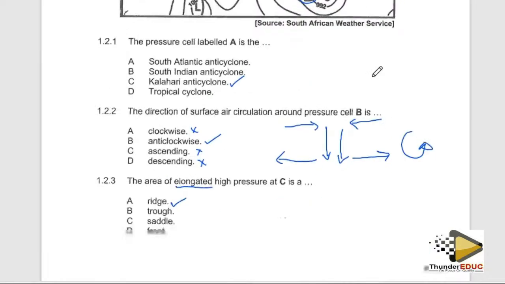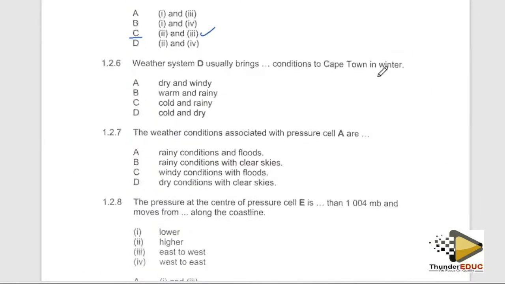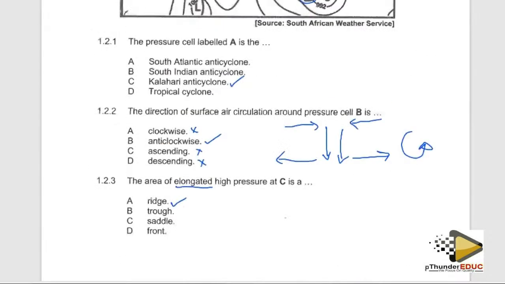So meaning, if you check our question once again, it says weather system D usually brings, like we mentioned, D is a mid-latitude cyclone.